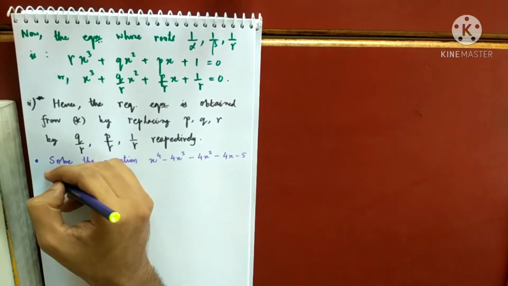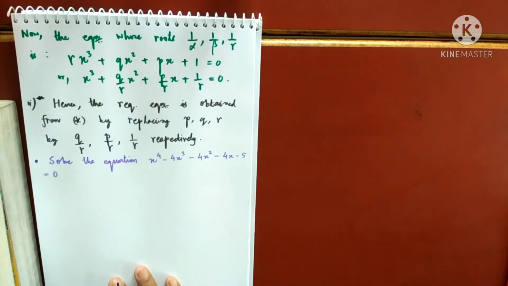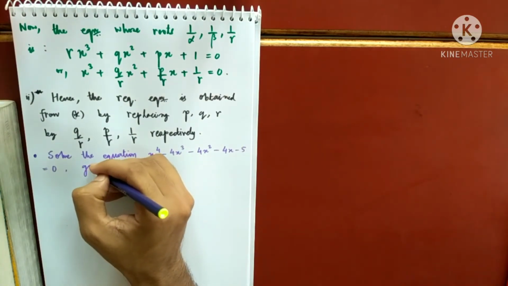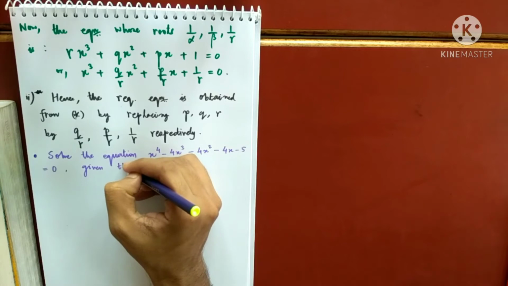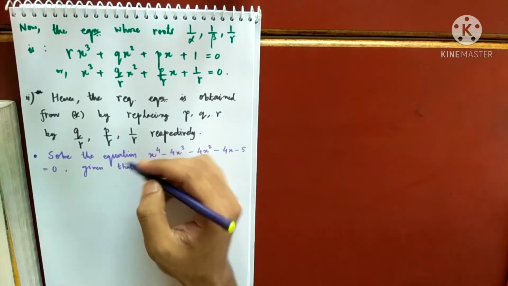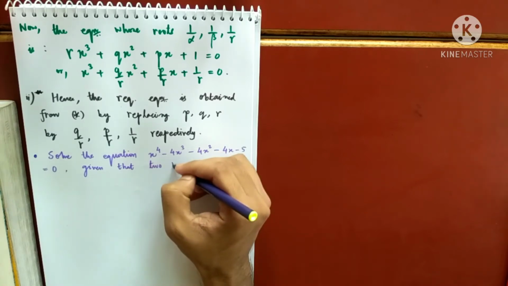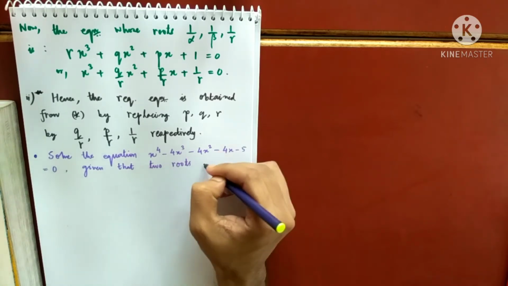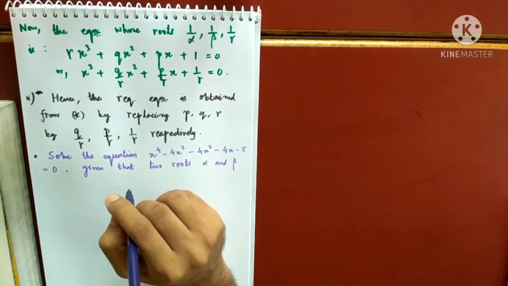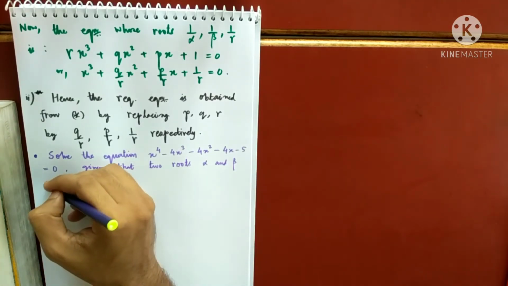You have to solve this equation, given that two roots alpha and beta are connected by the relation 2 alpha plus beta equals 3.